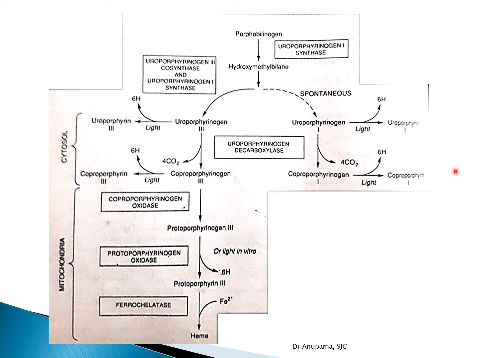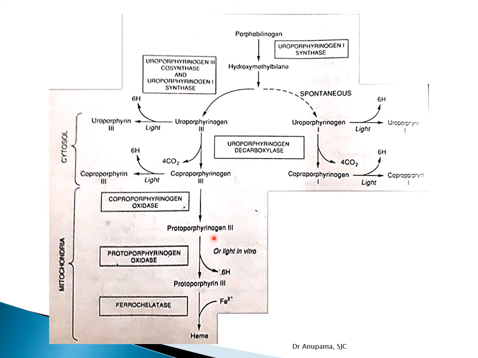So these reactions take place in the cytosol. Now this coproporphyrinogen 3 can enter the mitochondria where it is oxidized. We have coproporphyrinogen oxidase that converts this coproporphyrinogen into protoporphyrinogen 3.